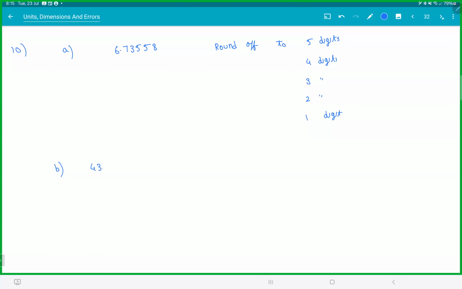Let's say we have 4,276. Round off to 1 digit. 6,000, let's say 5,735.